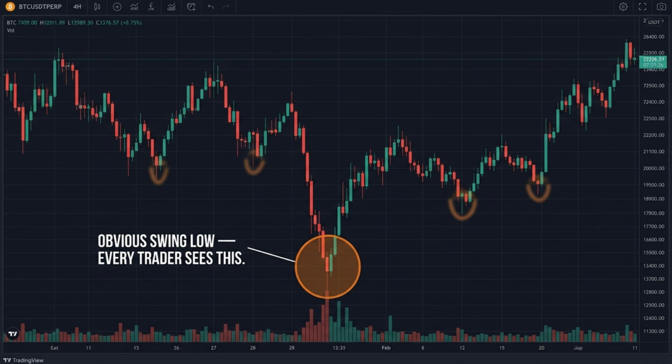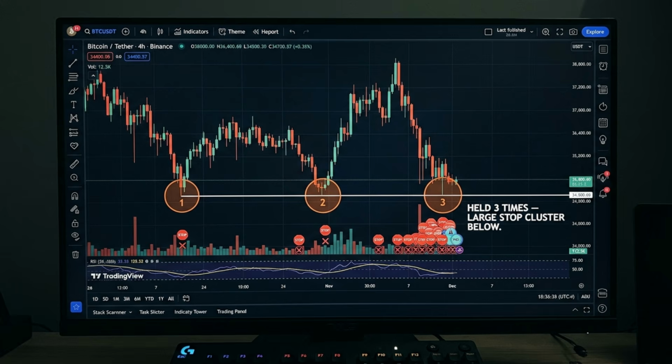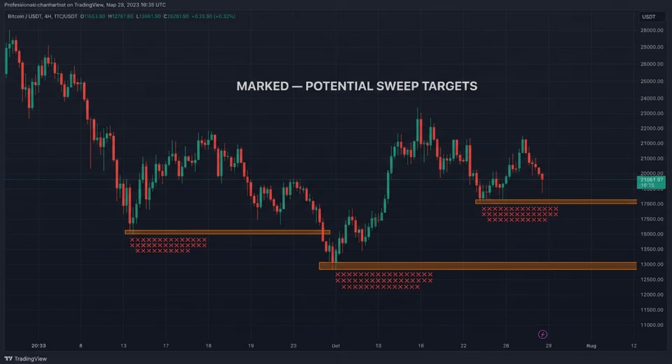Look for swing lows that are obvious, the kind that every trader on every platform can see. Round numbers just below a swing low that held multiple times, a swing low that aligns with a previous support level. These are the locations where stop losses cluster. Mark them. These are your potential sweep targets.